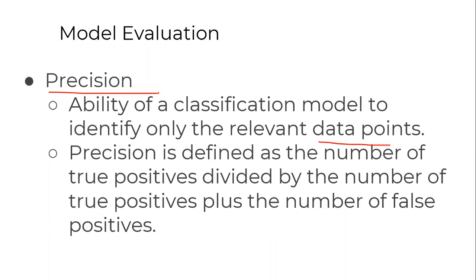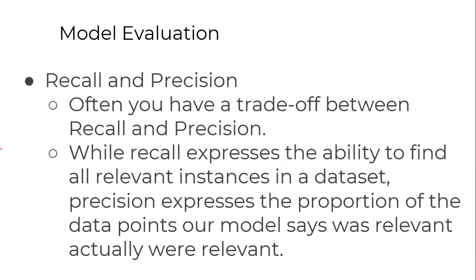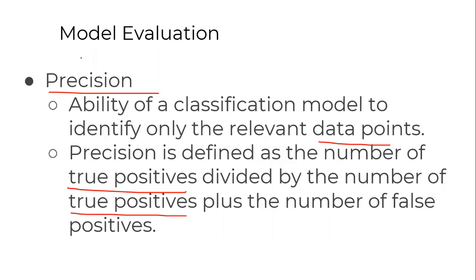Precision means, of all the identified classes, how many were correctly identified. I need to explain true positives and true negatives, so we will look at that after a few slides.